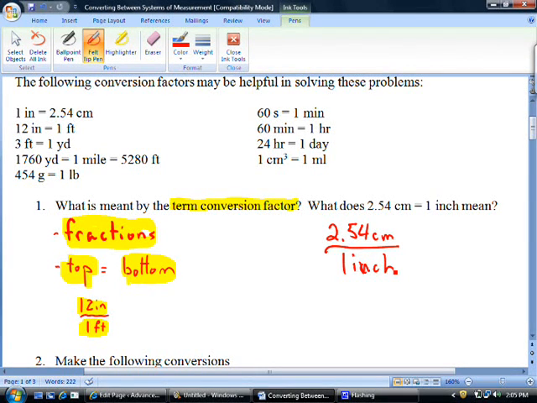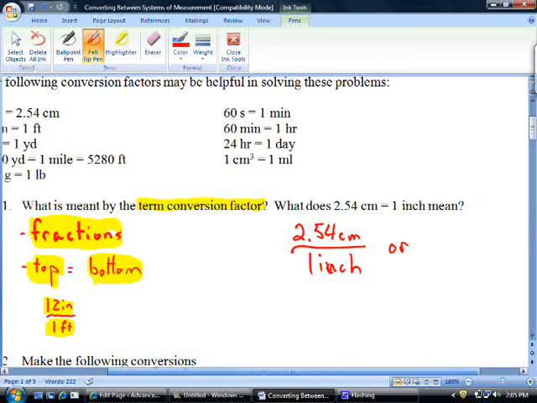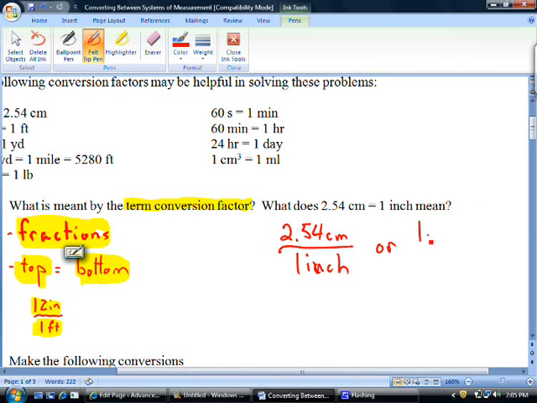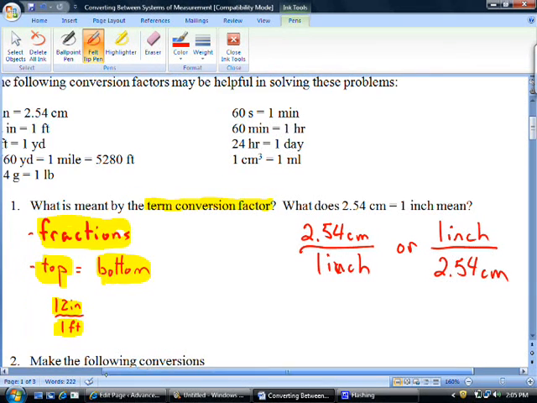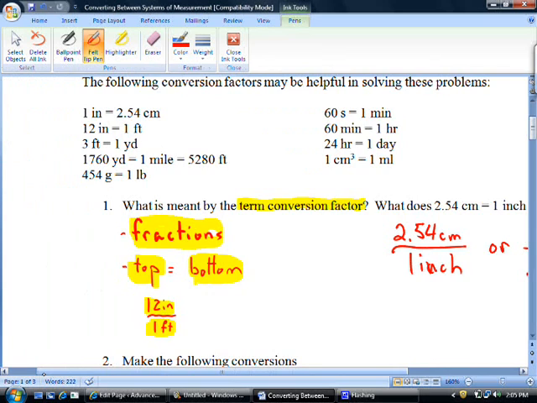Or I might say there's 2.54 centimeters per inch. But I would be just as correct in saying that there is 1 inch per 2.54 centimeters. There's 1 inch in every 2.54 centimeters. So that's what conversions are, and that's just kind of one example.